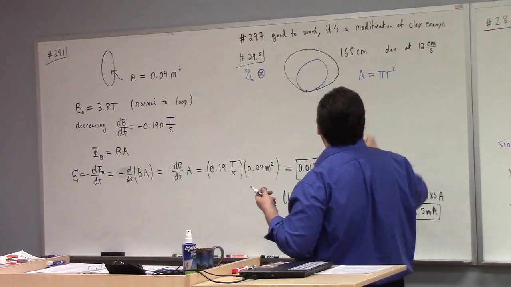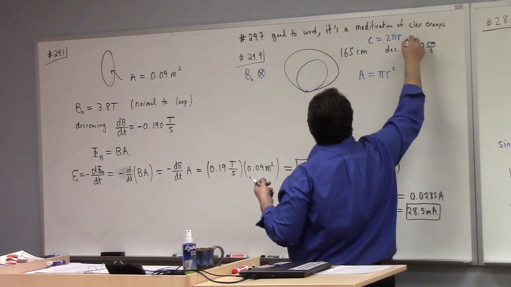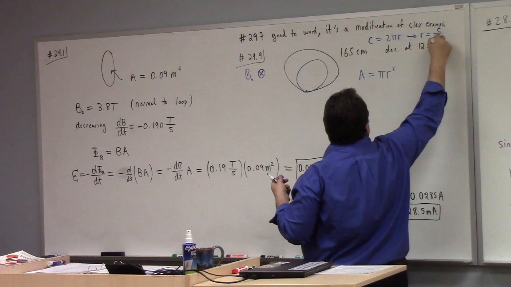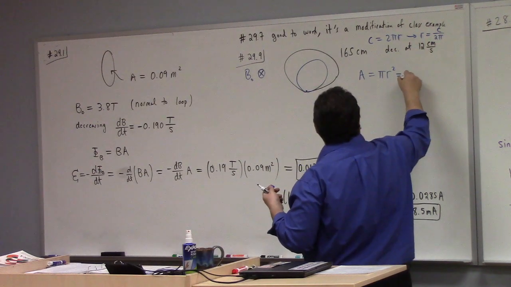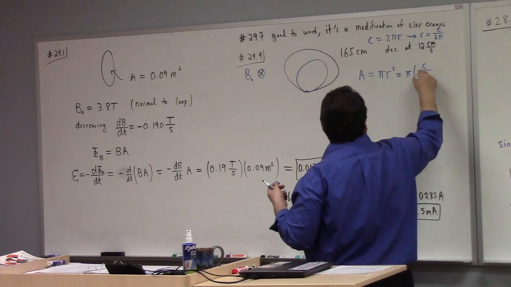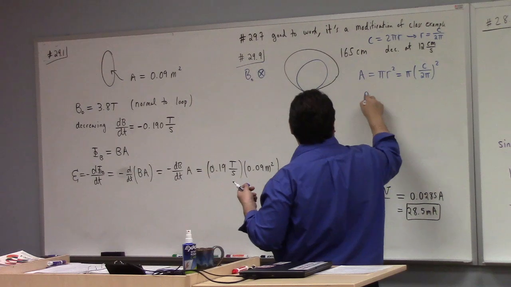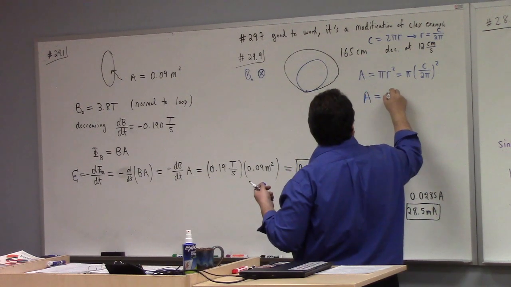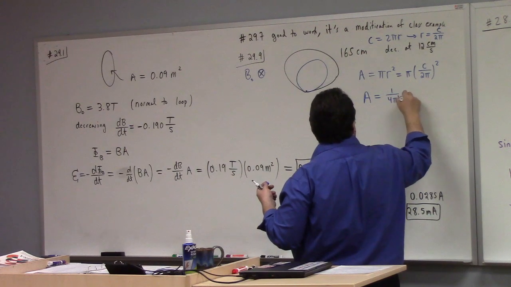But the circumference is 2 pi r, right? So that means that r is c over 2 pi. So if we write the area as a function of circumference, we get pi times c divided by 2 pi, squared, which is a weird thing to do, but it's the natural thing to do here. So we get 1 over 4 pi squared times c squared.